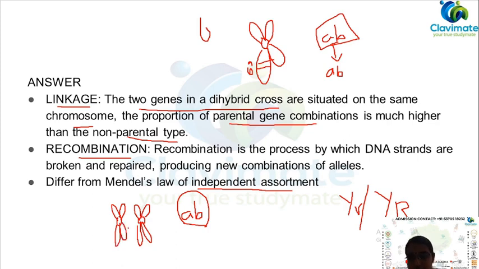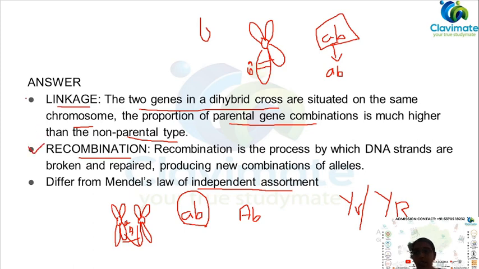In case this has a capital A and this chromosome has small a, and when they cross over, this segment comes here and this segment comes here, we have the tendency to get capital A, small b. This is recombination.